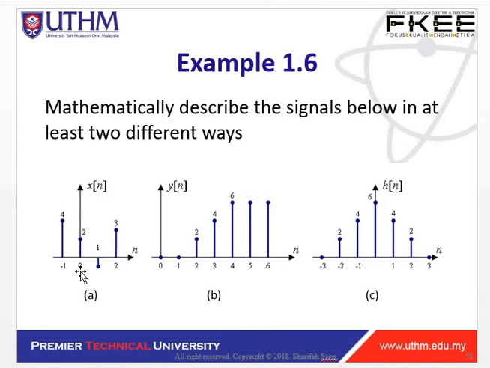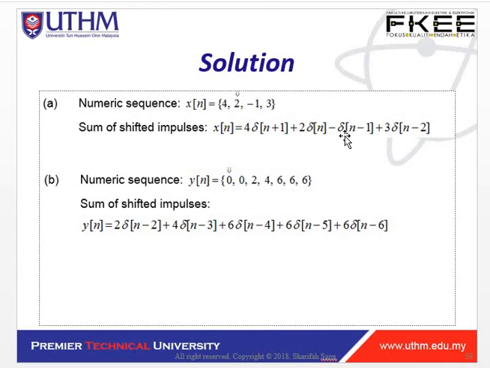Then n equal to 0, you have the value of 2. When n equal to 1, you have the value of negative 1. And when n minus 2 equal to 0, n equal to 2, you have the amplitude of 3.